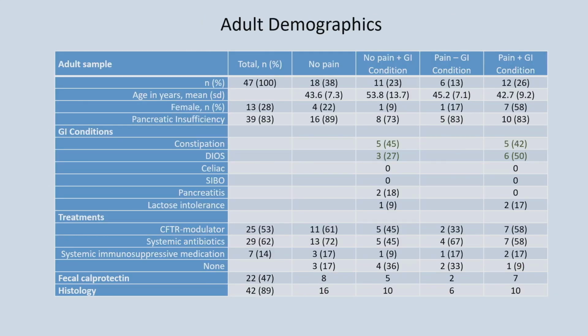But in adults, we can see that there are just 2 patients, and they are in the no pain group. So it means when we collected the sample, these patients were not having that pancreatitis episode. All right, thank you.